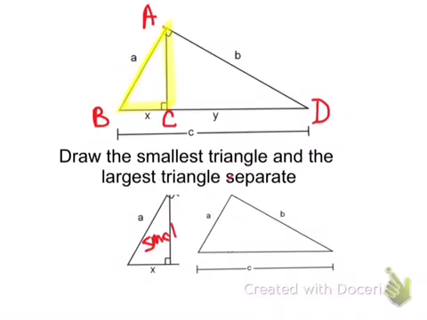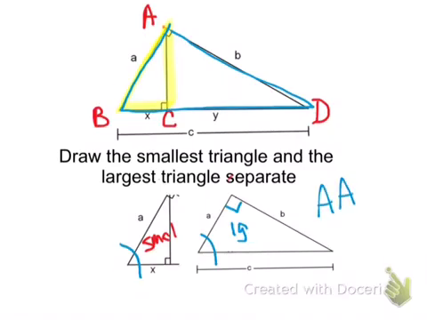So if I compare that to the largest triangle, I'm going to go all the way around the outside. So here's my large right triangle. Remember your right angles here. Notice that angle B is both in the yellow triangle and the blue triangle. So that would be this angle and this angle. And both triangles have a right angle. So these triangles are going to be similar by angle.